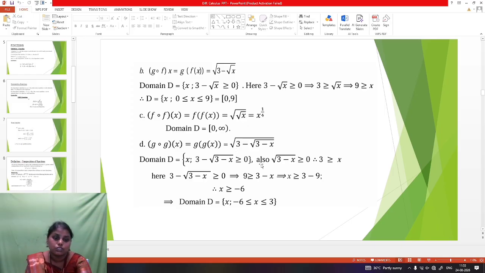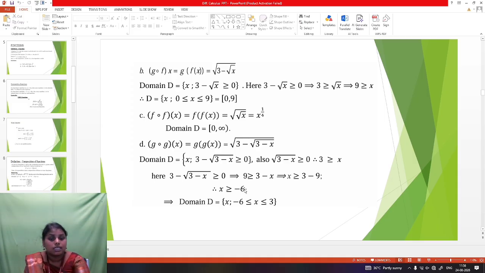The domain D is x such that 3 minus root of 3 minus x is greater than or equal to 0. Then root of 3 minus x is less than or equal to 3, so 3 minus x is less than or equal to 9, so x is greater than or equal to 3 minus 9, that is, minus 6.